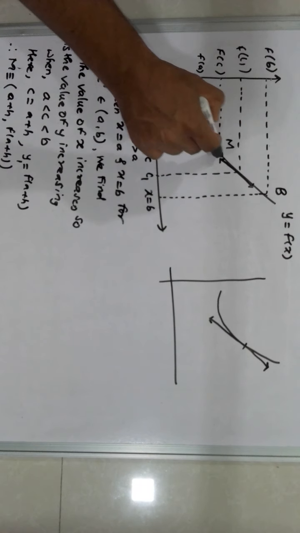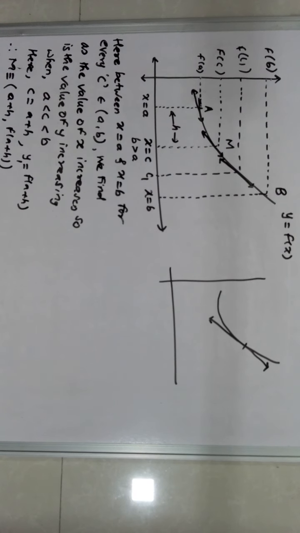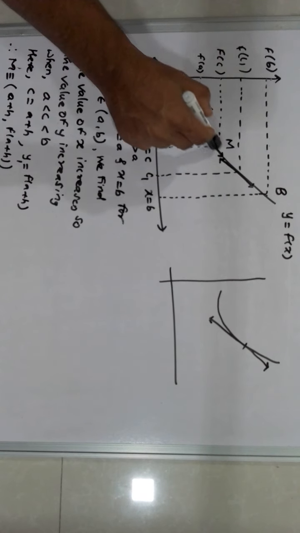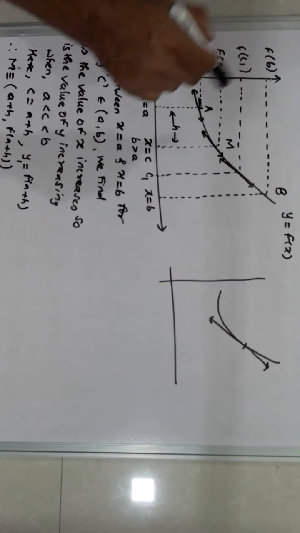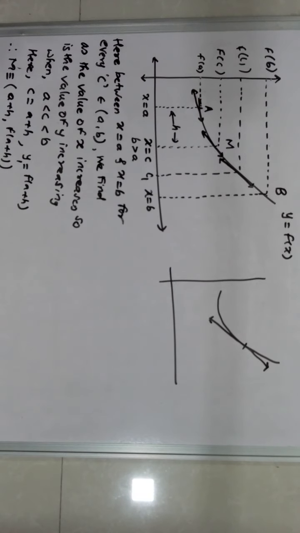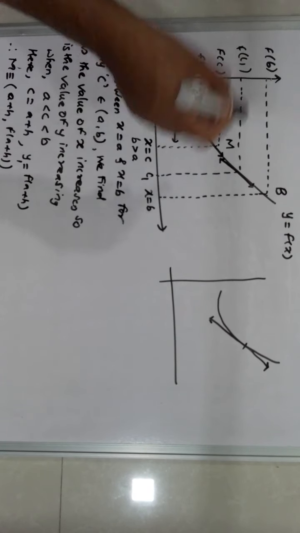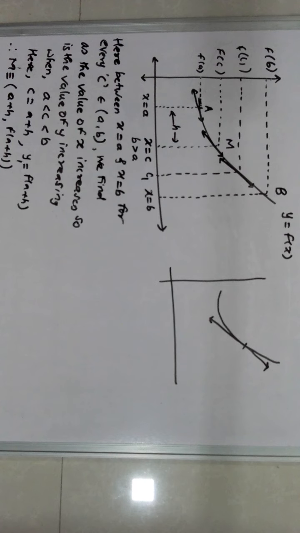See this particular tangent, not very clearly visible but understandable. This is another tangent I have drawn. All the tangents I can draw everywhere. I am not considering the tangent at point A and the tangent at point B. I am drawing tangents between A and B. Okay. So that particular tangent I have drawn to that side.